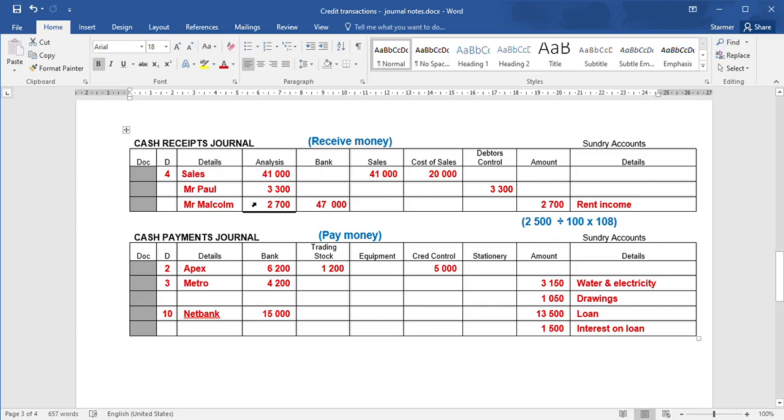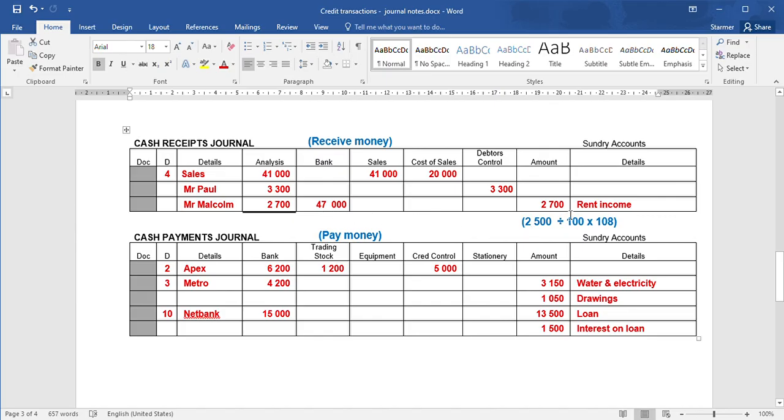Now can you see all of these transactions are on the same day? So we record them all under analysis, and then we only go to the bank at the end of the day with the total amount received on that day. That's why these individual amounts here are not recorded separately, because you only go to the bank once a day.